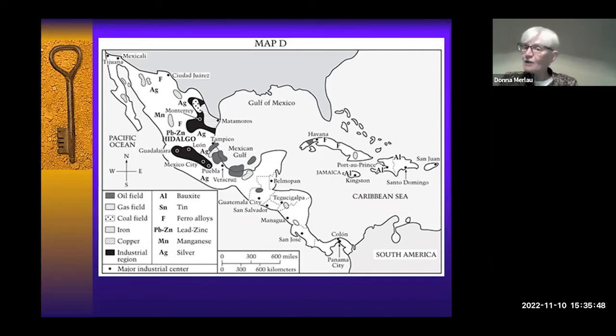So where I locate a business is dependent on what the weight of it is, how far I have to ship it, what I'm making, right? So I'm looking at all kinds of connections here. And here we're looking at primarily Mexico, although the Caribbean islands are highlighted here and the southern portion of the United States is highlighted. Let's look at the next map, please.